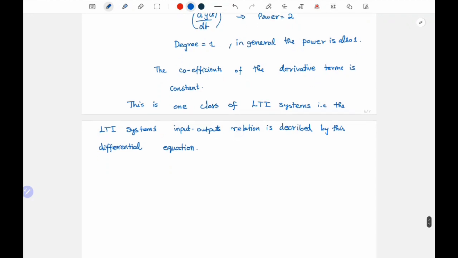And you can see it is an implicit definition, right? Implicit relation. What it means is y of t is also part of the equation. So y of t, the output, is also part of the equation.